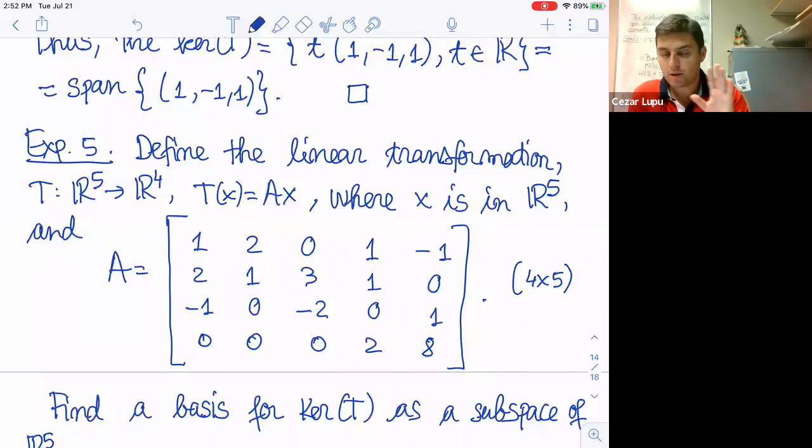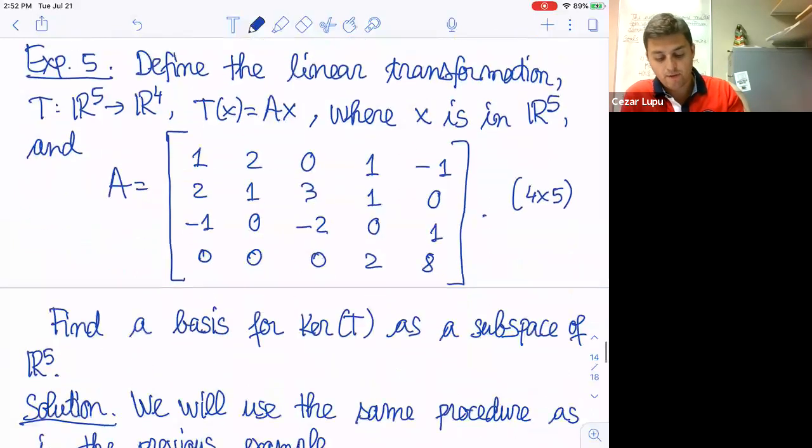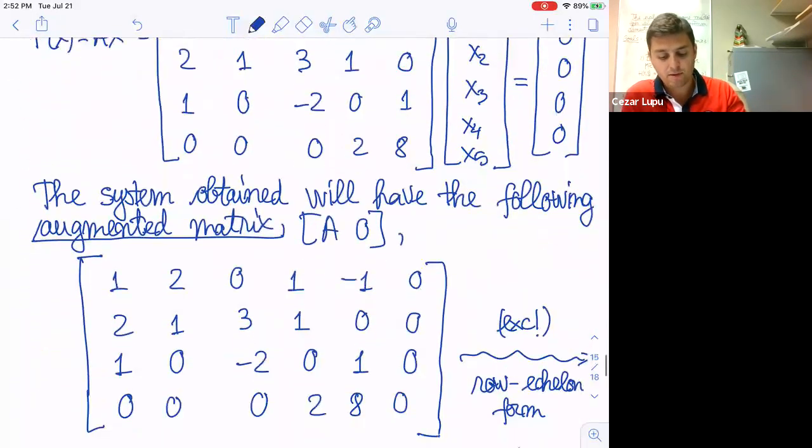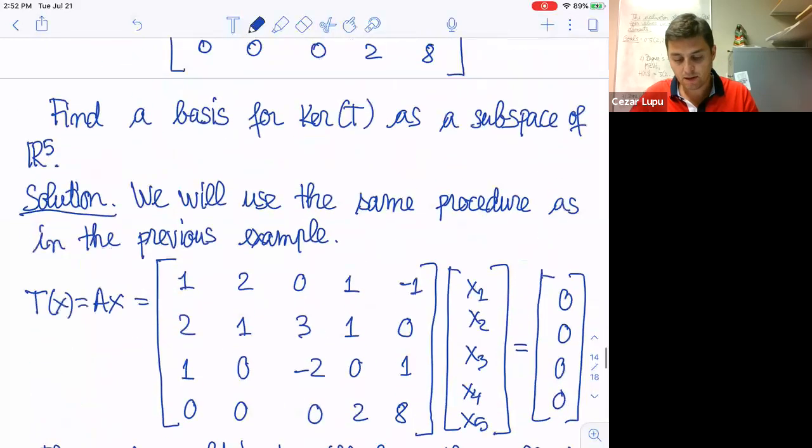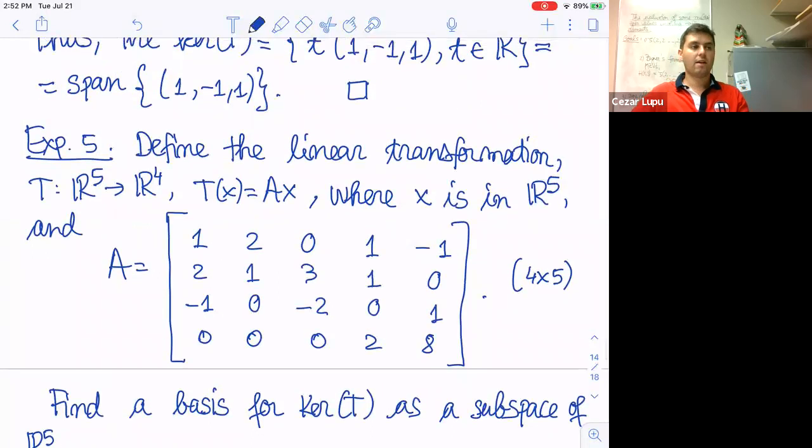We're not talking about the kernel at this point. So if you want to look at this matrix with the zeros, forget about it. We have to look at our initial matrix, this matrix A.